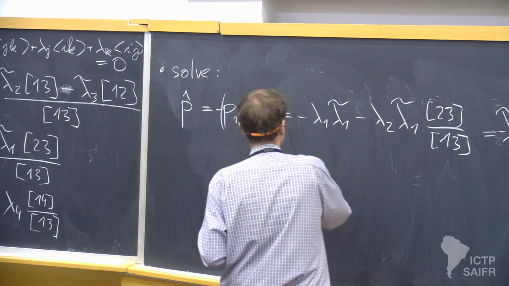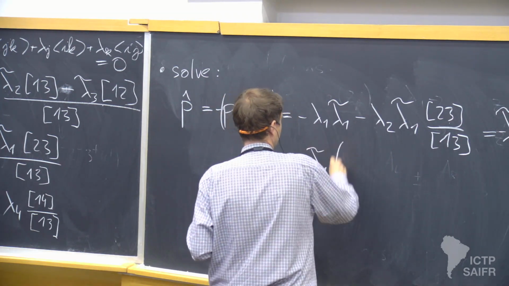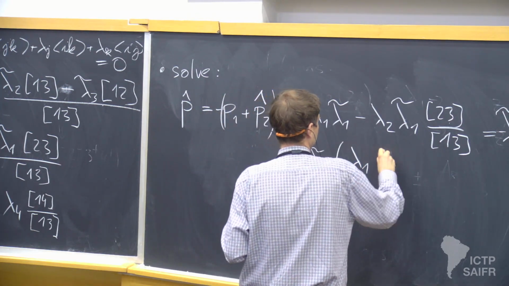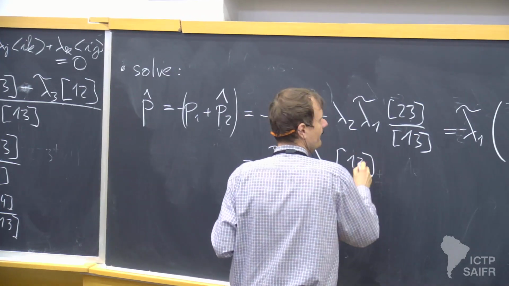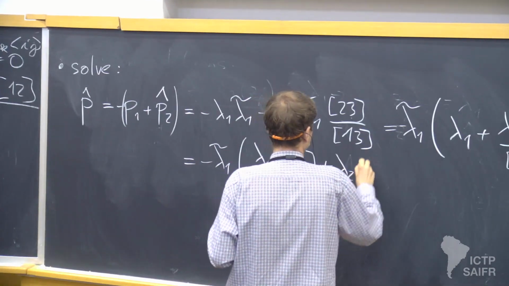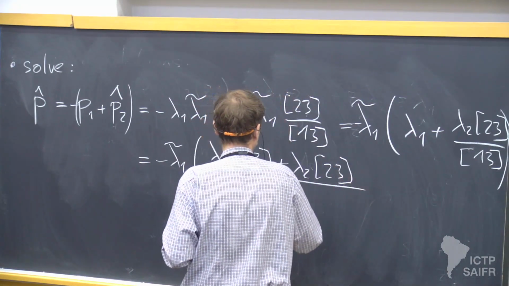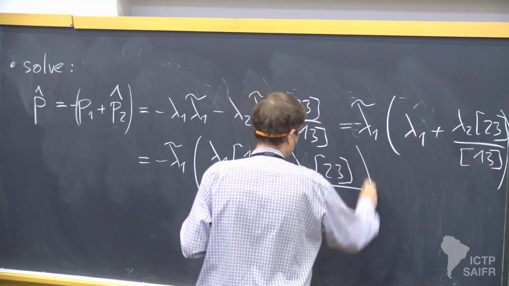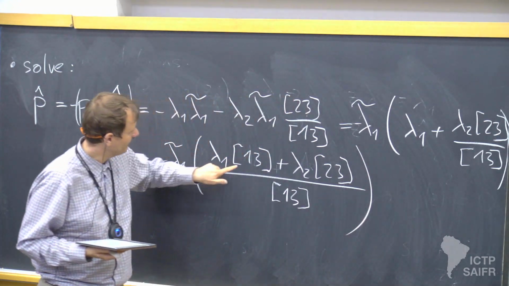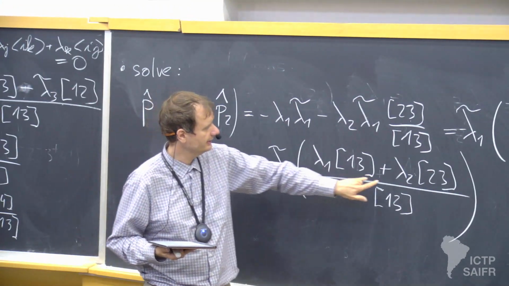So we again put it under the common denominator, lambda 1 1 3 plus lambda 2 2 3 over 1 3. And we again realize that lambda 1 and lambda 1 tilde is P1, and this is P2.